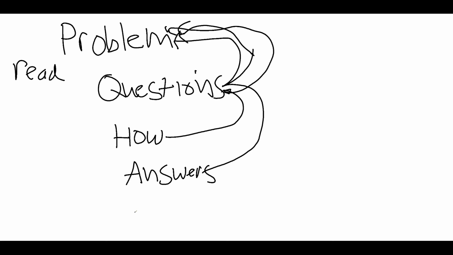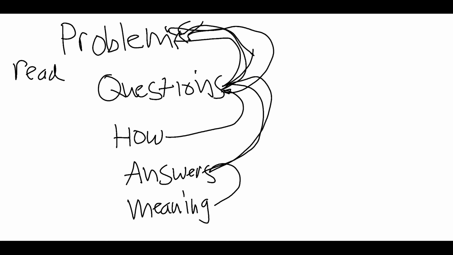And then the last part that you need to do as a researcher when you are trying to put together a paper is you want to try to give some sort of a meaning or interpretation to your answers about your questions about your problem. That's how it works.